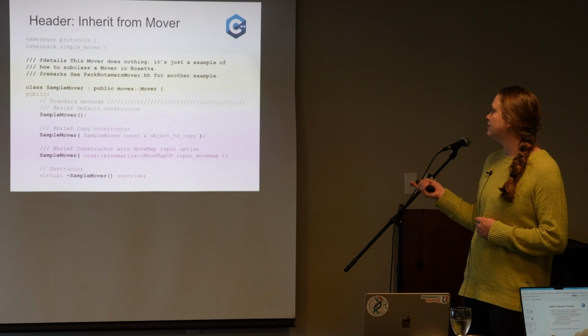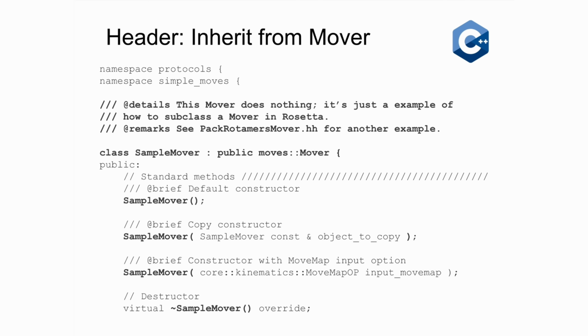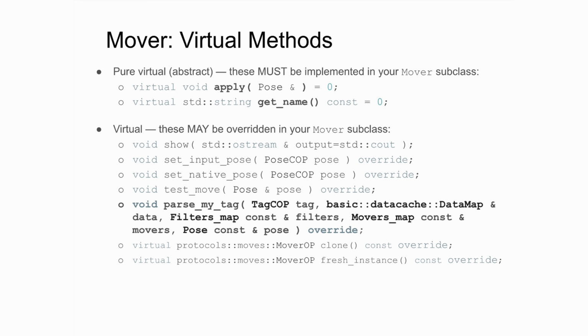So for your header, like I said, your mover is going to inherit from mover, and then you'll have your boilerplate methods, or your standard methods: your constructor and your destructor, and you can overload your constructor depending on what inputs you have. And then we've talked about this several times, but just to remind you, there are virtual methods in the mover class, and there are 2 of these that are pure virtual or abstract.